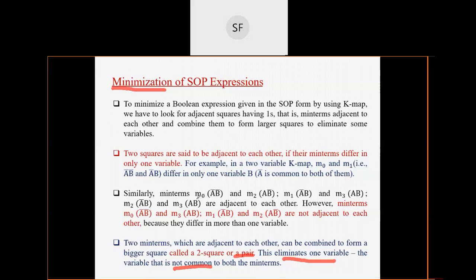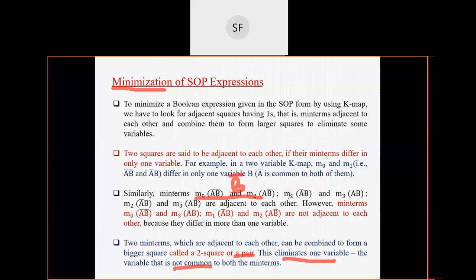So let's say if I combine m0 and m2, then after this combination which term will I get? It will be b bar. Why? Because b bar is constant in both. A bar and A will be removed. So the variable A will be eliminated if I combine these two minterms.